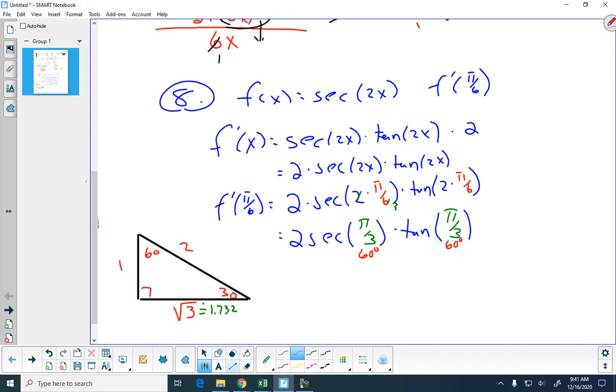There's some additional change that goes along with that. So 1.732 is the middle side across the middle angle. Hypotenuse in a right triangle will always be the biggest side. That is a 2. So now we can go 2 times the secant of 60 degrees. Well, here's my 60 degrees.